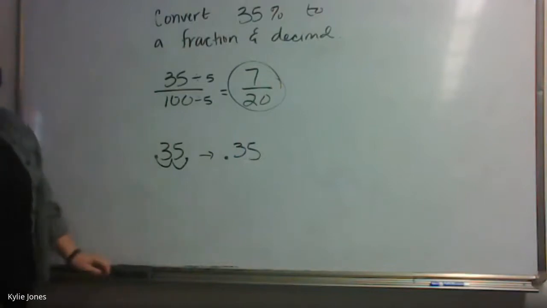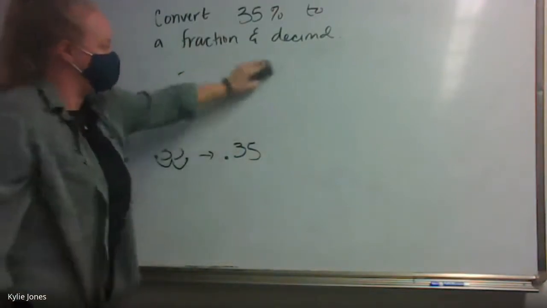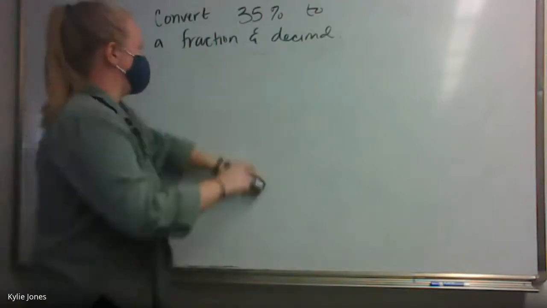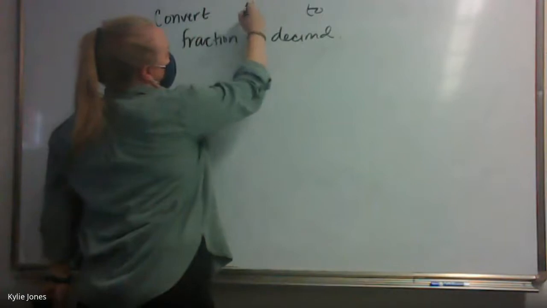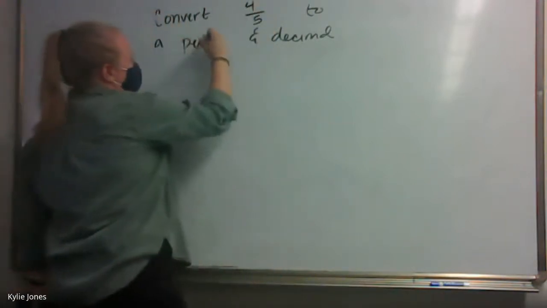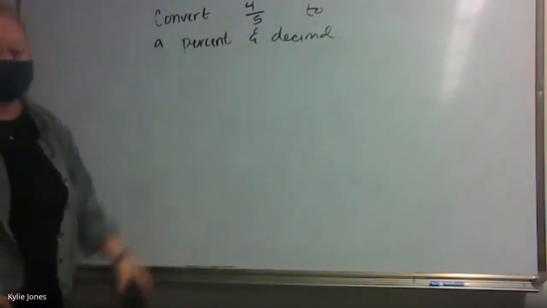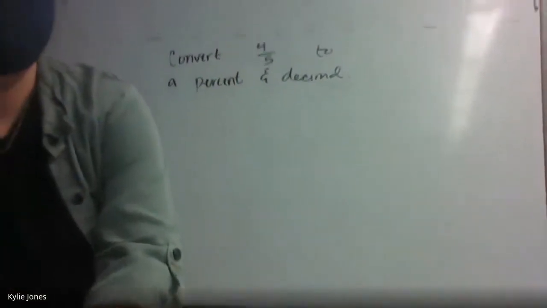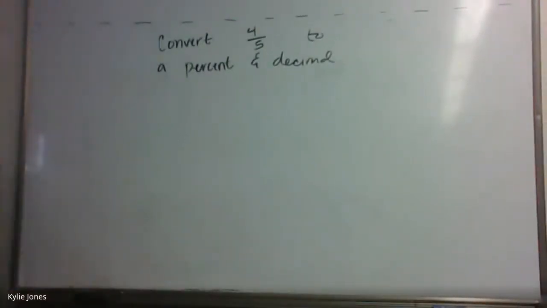Okay, let's do another one. Instead of taking a percent this time, let's have a fraction to start off with. Let's say we have 4/5, and we're going to change it to a percent and a decimal. Take about 2 minutes or so.